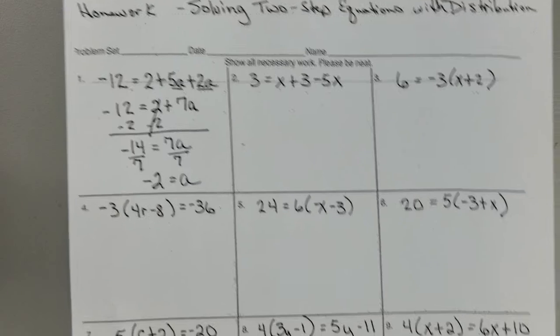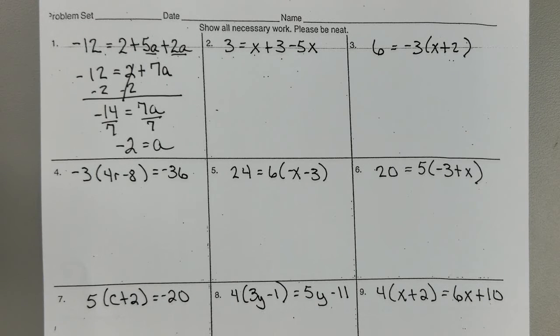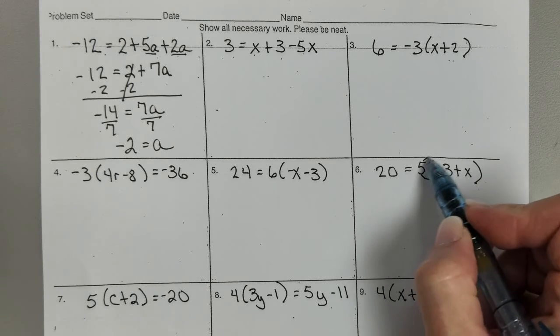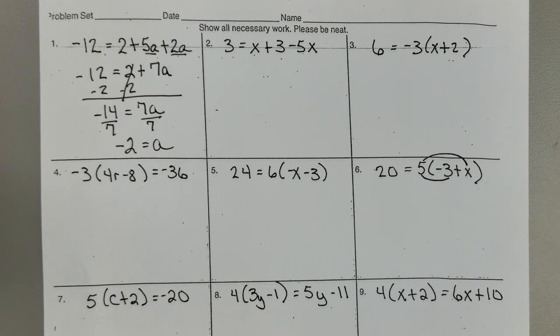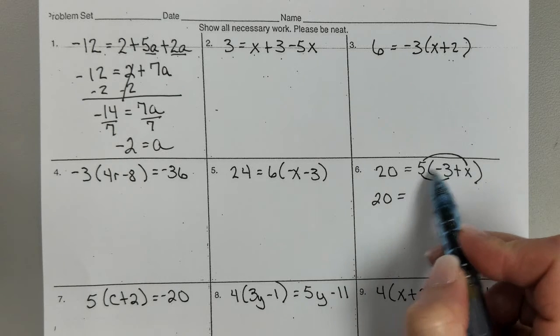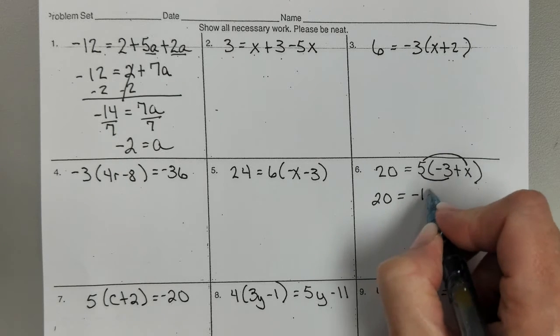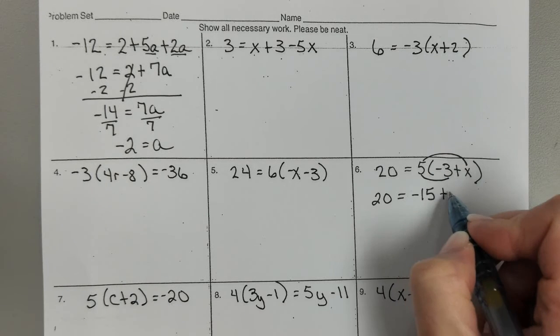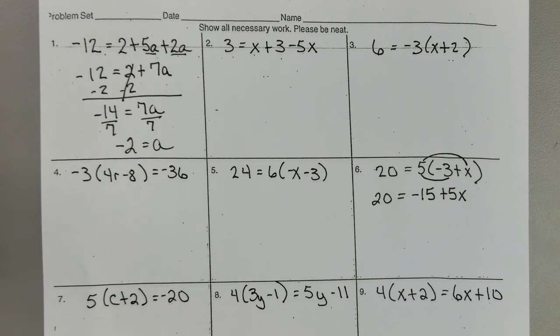Now let's look at number 6. We've got parentheses, so we need to distribute a little bit. So the 5 goes to each piece in the parentheses, each term. So I'm keeping the 20. 5 times negative 3 is negative 15. 5 times x is 5x. Once you've distributed, you're down to a two-step equation.